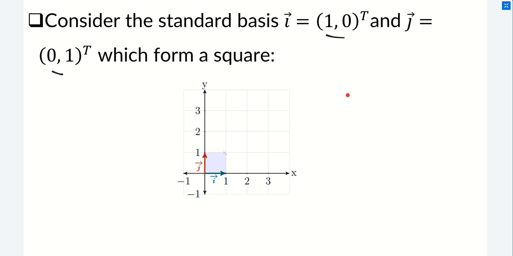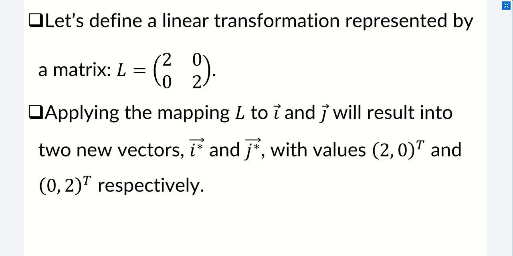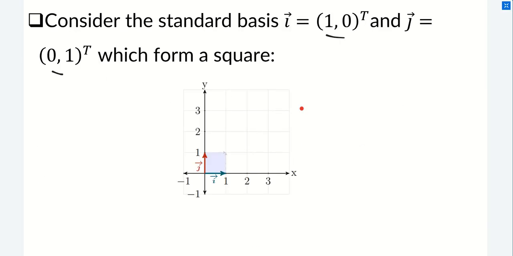Now what can I do? I can transform this individual basis to a different vector or different space, and when it happens like that, I'm using this. Once I use this on 0, 1, then I use it on the I, which is 1, 0.